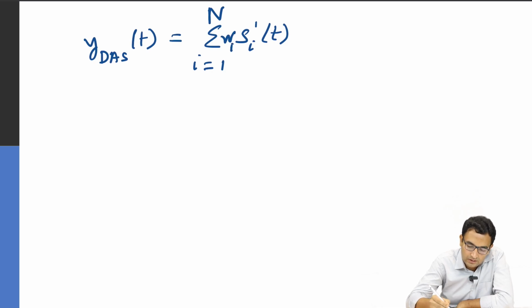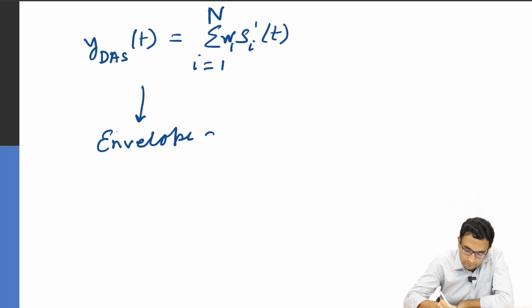You can provide a weight w_i. Now once you have this signal and you have summed it up, the next step would be a process of envelope detection.